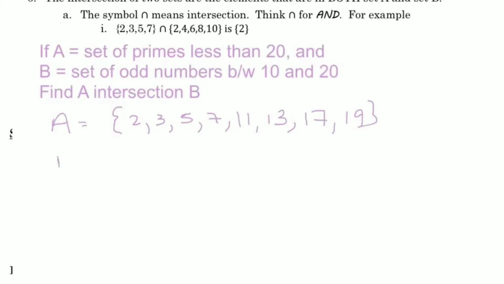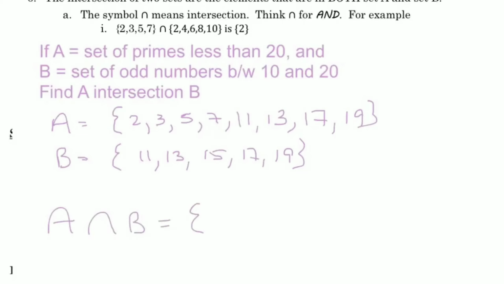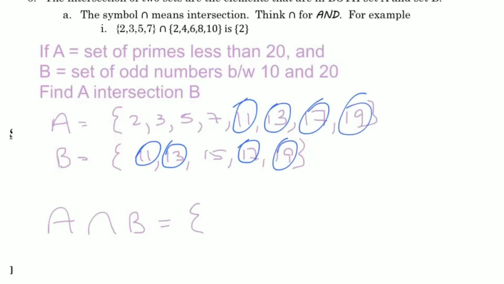Of course B is the odd numbers, so B will be the numbers 11, 13, 15, 17, 19. The intersection, or A intersect B, will be the set of numbers that are in both. So let's have a look at the numbers that are in both. We've got 11's in both, 13's in both, 17's in both, and so is 19. So this is going to be the set 11, 13, 17 and 19.